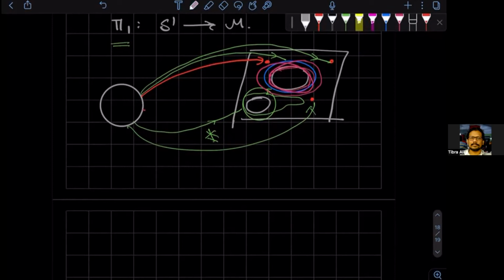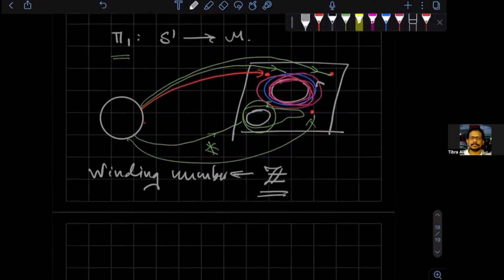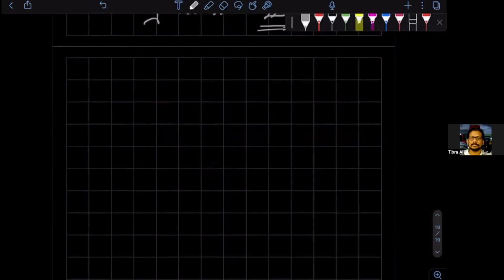That integer tells us how many times the map winds around the hole, and it is called the winding number. The winding number is positive if it's going in the counterclockwise direction, negative if it's going in the clockwise direction.